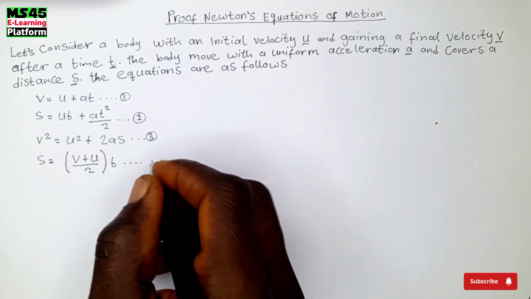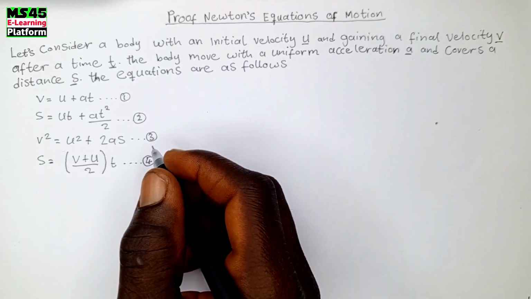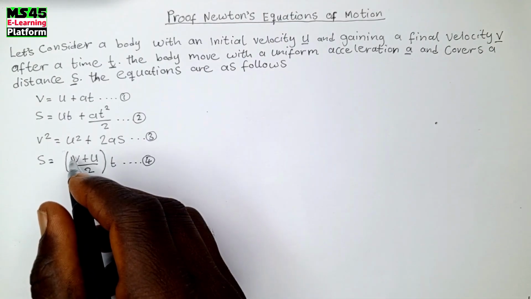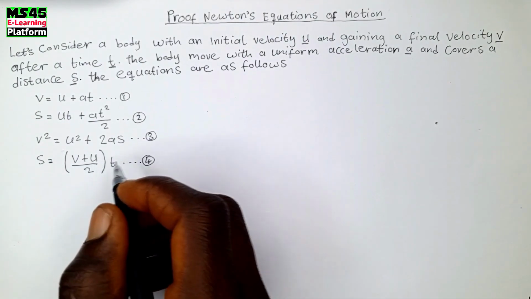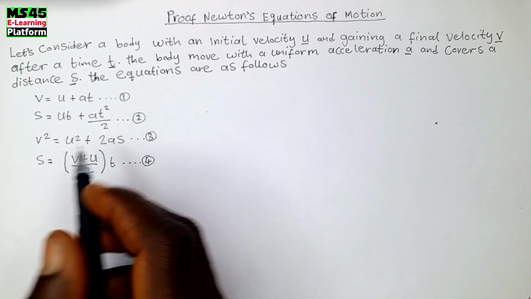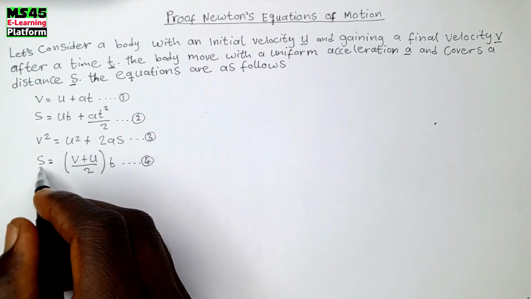That is equation 4. But equation 4 is not that popular, but it is sometimes needed, especially when the final velocity, initial velocity, and the time are given. Without the acceleration, you can use this equation 4 to calculate your distance, right?